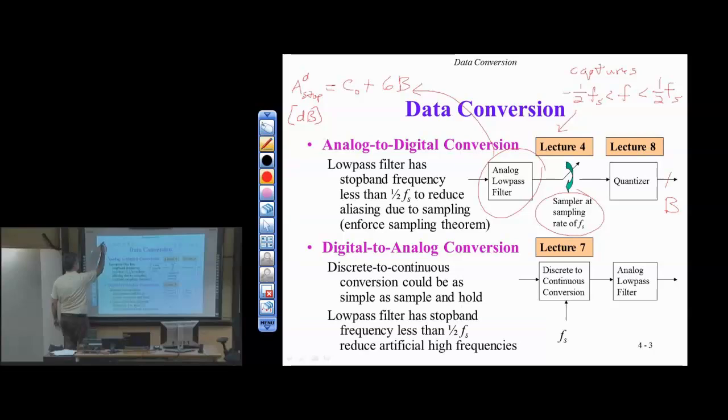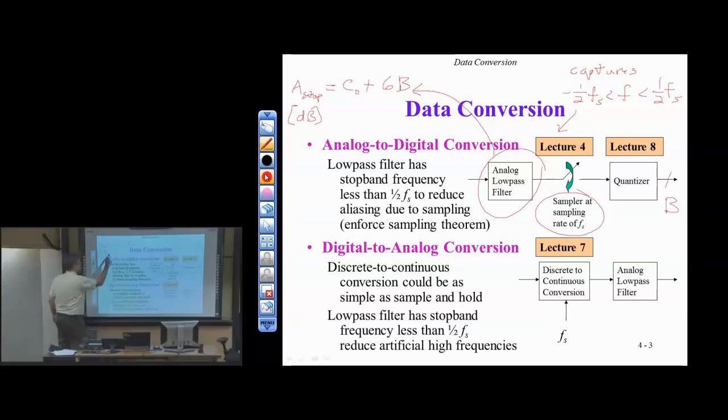We'll derive this a little bit later. So for every bit, I need 6 dB plus a constant of stopband attenuation. If I need 8 bits in the quantizer, this will give me 48 dB plus some constant. If I want 16 bits for the quantizer, that means 96 dB plus a constant.